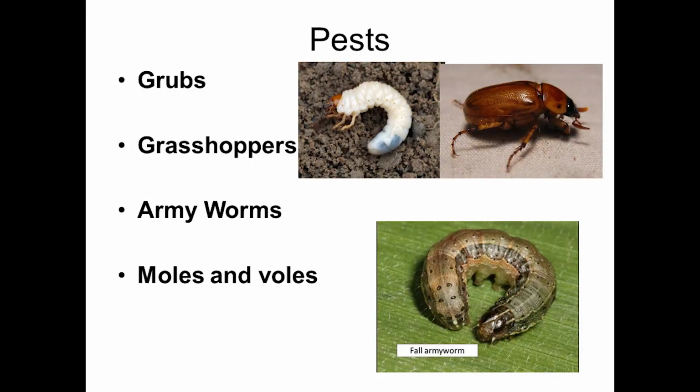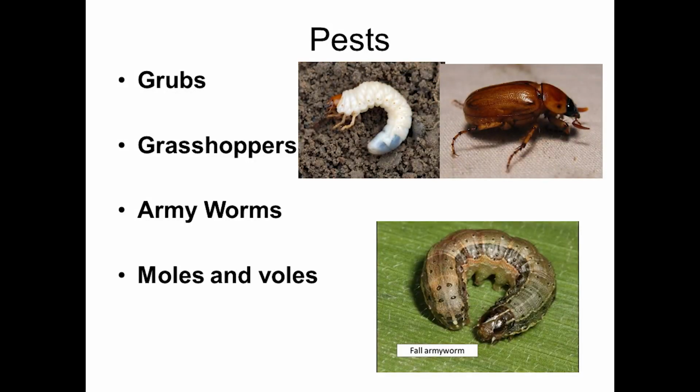Things like moles and voles are a little bit harder to control. You're usually going to either have to trap those or poison them, unless you have something like a cat that is really good at catching them. The one thing to think about, if you're doing poison, any poison that you use will transfer to any of the critters that might run across it.